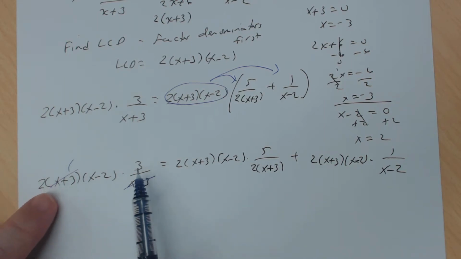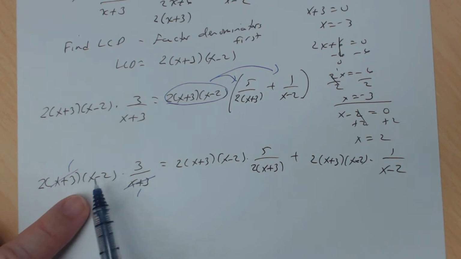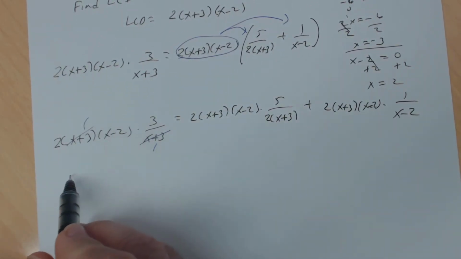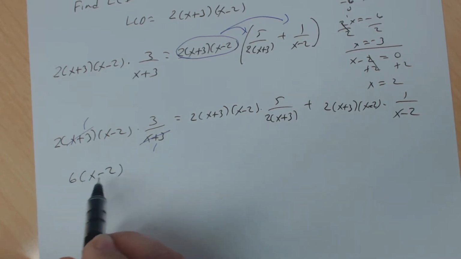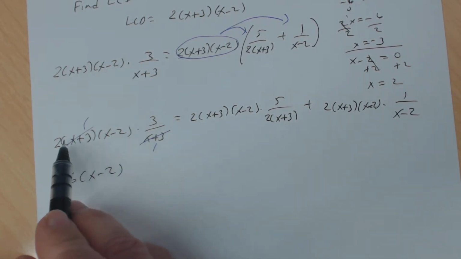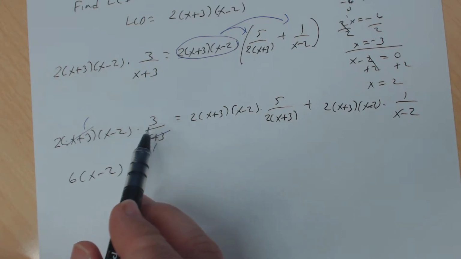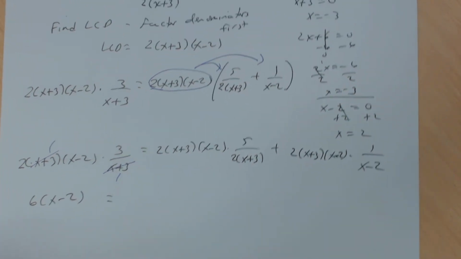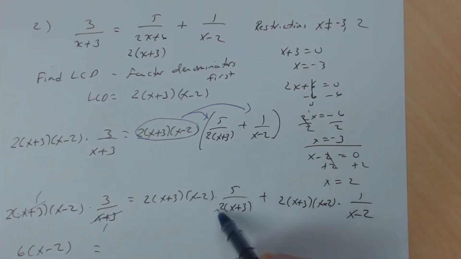So you're going to say 2 times 3 is 6, and then 6 times x minus 2. So 2 times 1 times 3 is 6, so you get 6 times x minus 2. Notice how it looks. Okay, 2 times 1 times 3 is 6 times x minus 2, in parentheses, x minus 2. Equal. Okay, over here, the 2's divide out, the x plus 3's divide out.